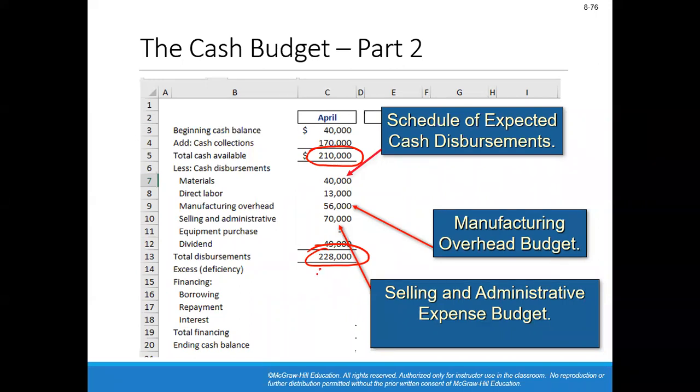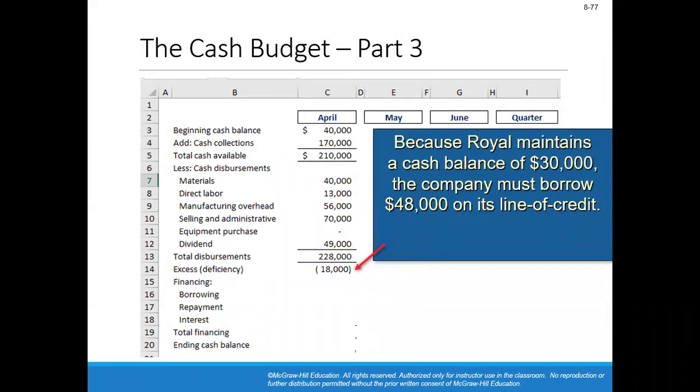Is it 18,000 deficit? As long as it is a deficit, we write it in negative terms, in the first bracket. Because Royal maintains a cash balance of 30,000, you see that this is short of the cash balance that Royal wants to maintain.